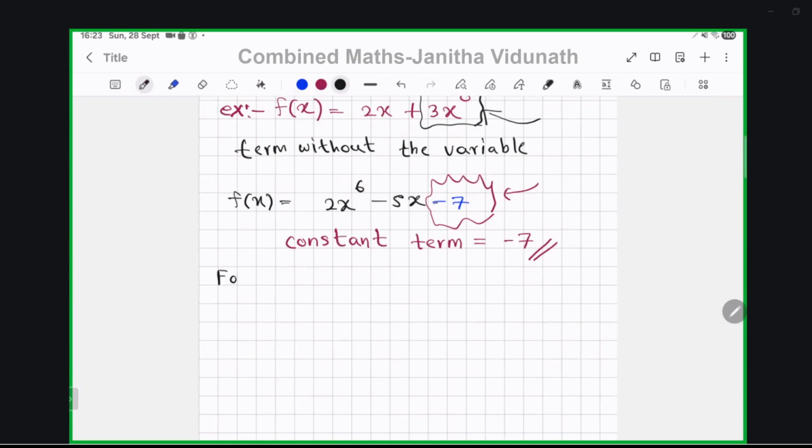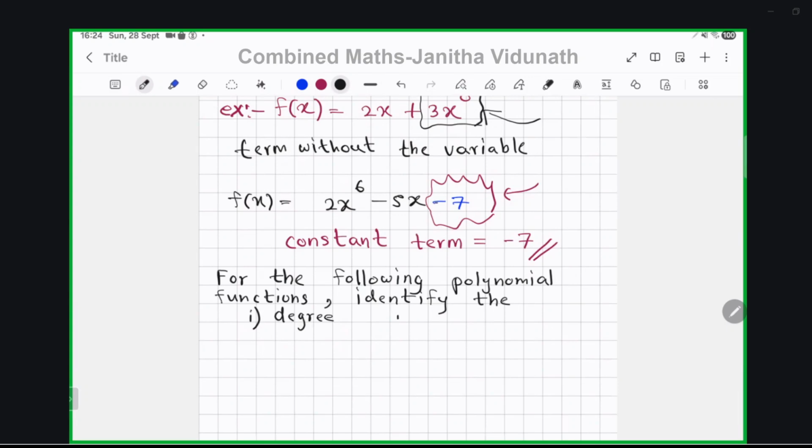The exercise is: for the following polynomial functions, identify number one, the degree; number two, the leading term; number three, the leading coefficient; number four, the constant term.